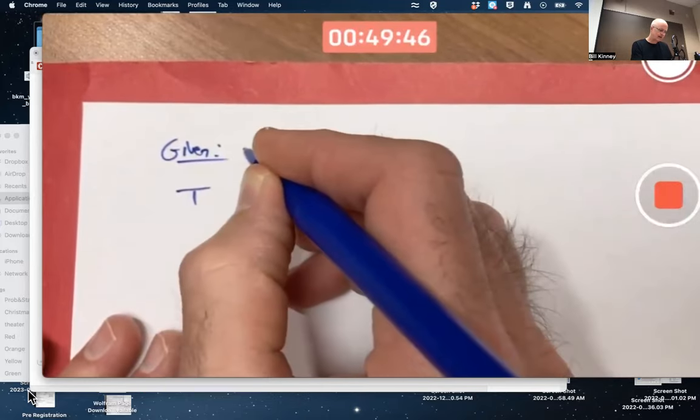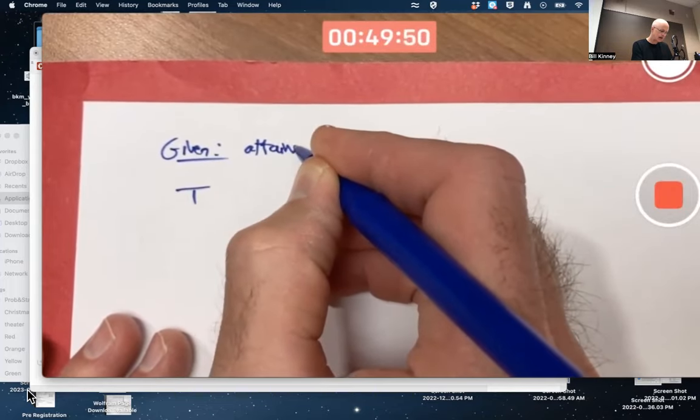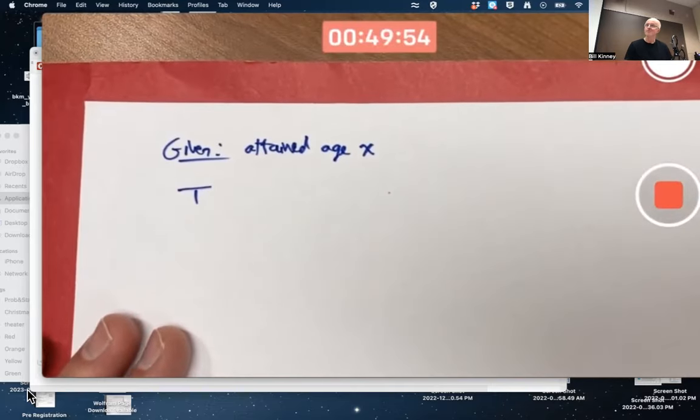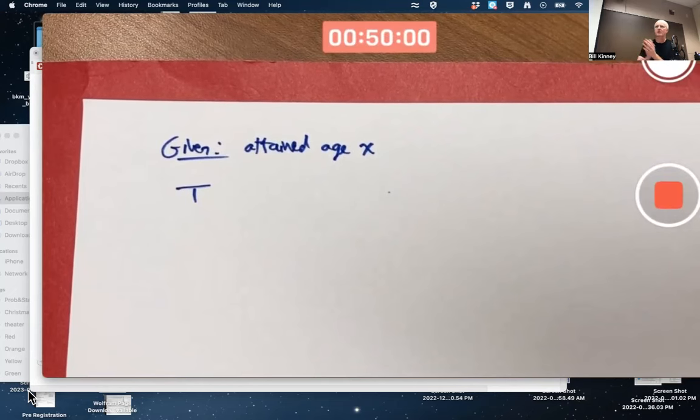I'm given an attained age X. In my modeling, with newborn babies, newborn refrigerators, I wonder what kind of probabilities I would get if I assume the baby or the refrigerator makes it to age X. And what's the remaining lifetime?